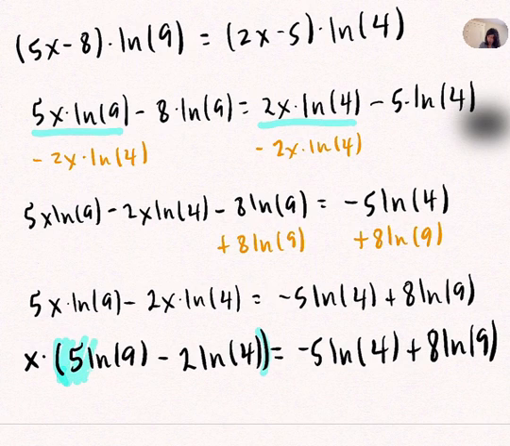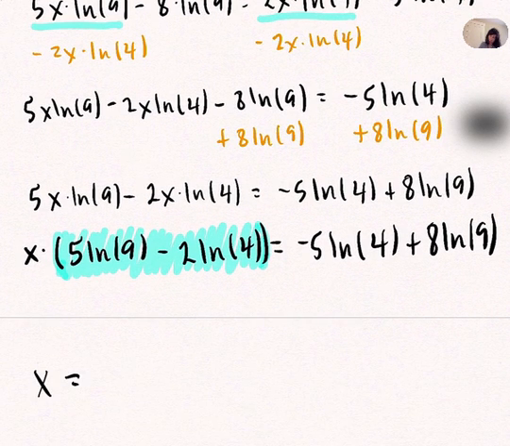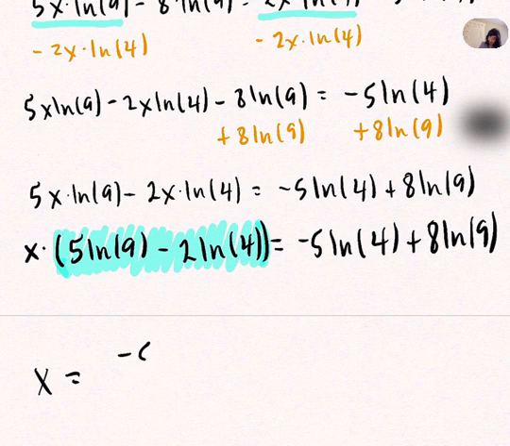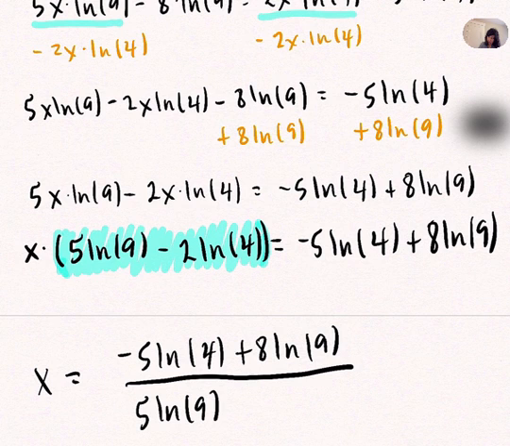So if I divide both sides by 5 ln of 9 minus 2 ln of 4, I will get x equals negative 5 ln of 4 plus 8 ln of 9, divided by 5 ln of 9 minus 2 ln of 4.